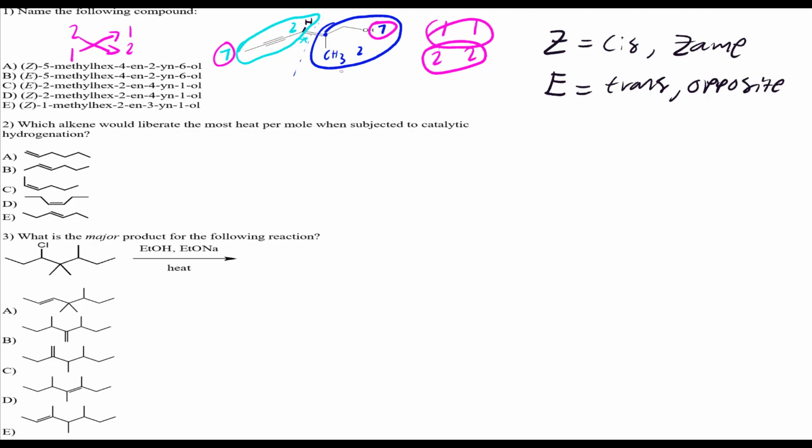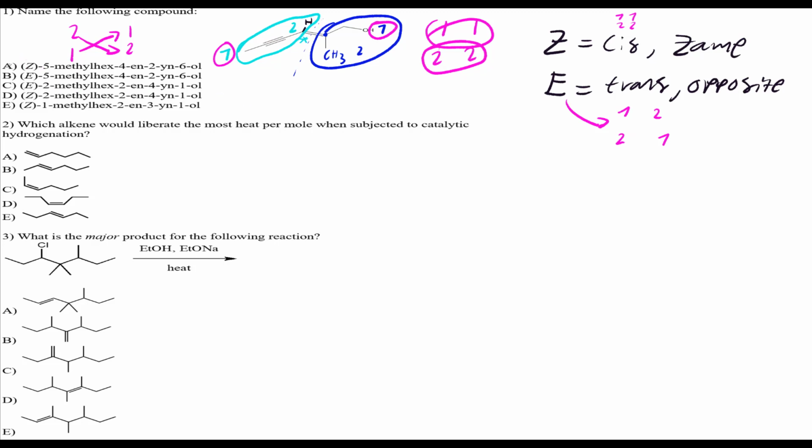So what's trans? Is it Z? We'll say no. It's not Z because that's cis. This is a 1, 1, 2, 2. Trans would be a 1, 2, 2, 1. That would be trans. This is E right here. It's not what we have, but we have a trans relationship. Okay, that's what I'm trying to say.